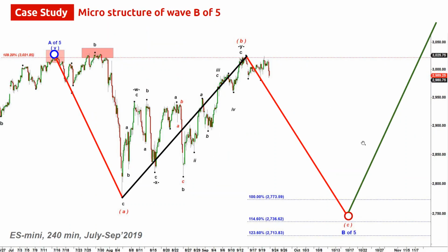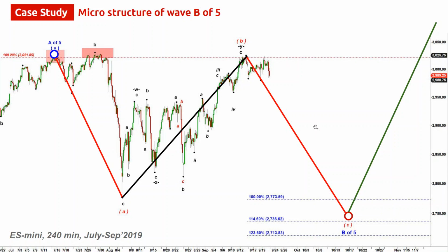And this is how it should look. Just to give you a perspective, this is the 4-hour chart. We have just made that important top, and this is what I am expecting here. It would not be a straight drop. There will be a lot of opportunities to go long for pullbacks, to short for continuation of that move down.